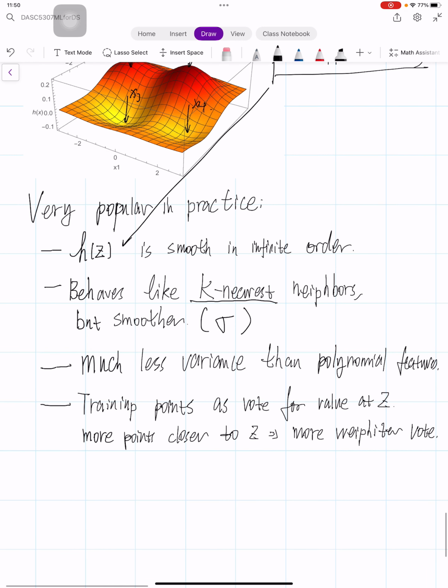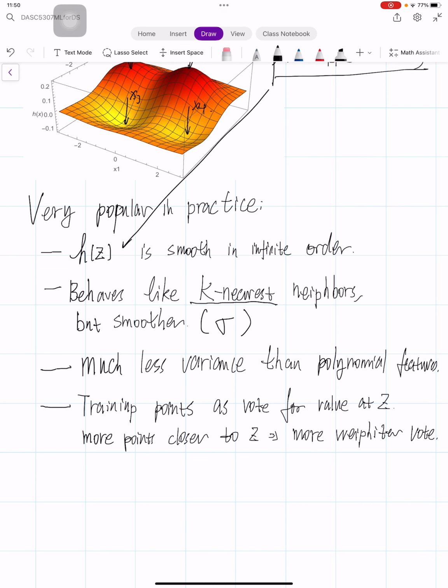Okay, and the hyperparameter is this sigma. Sigma lets you control the trade-off between the bias and the variance. You can use validation to choose the hyperparameter sigma.